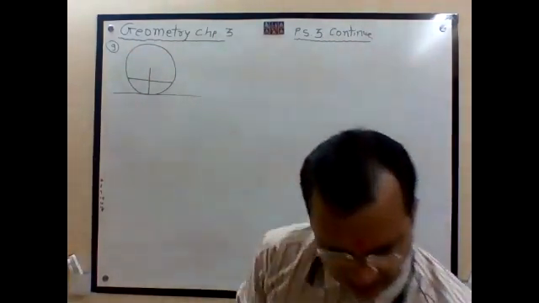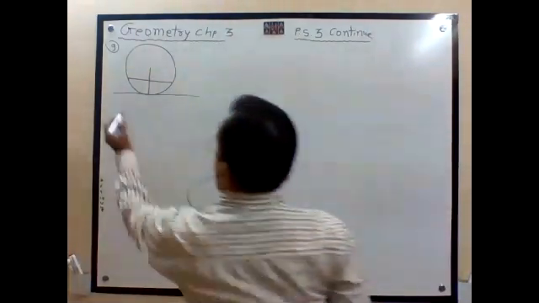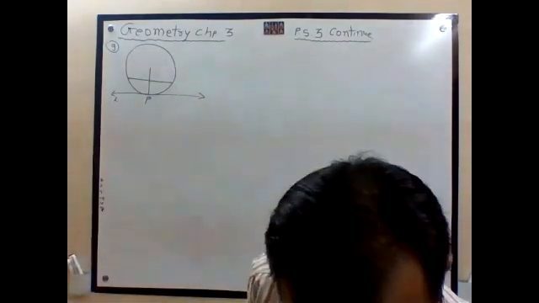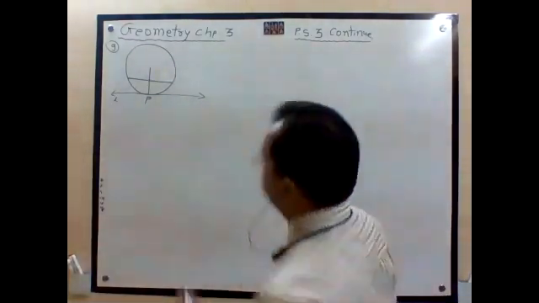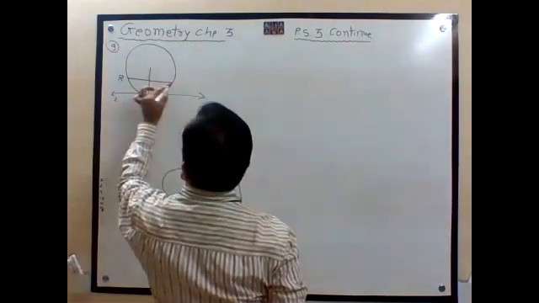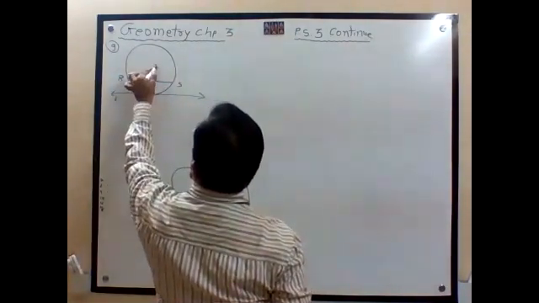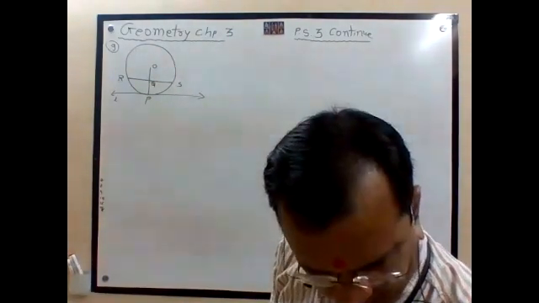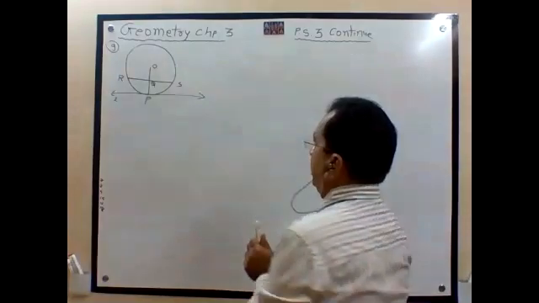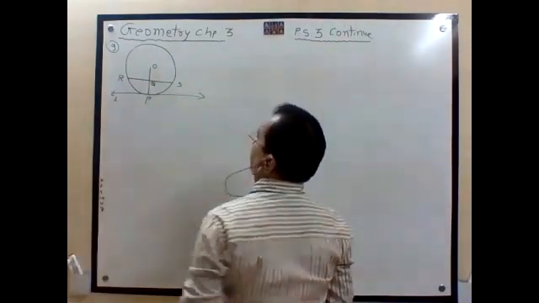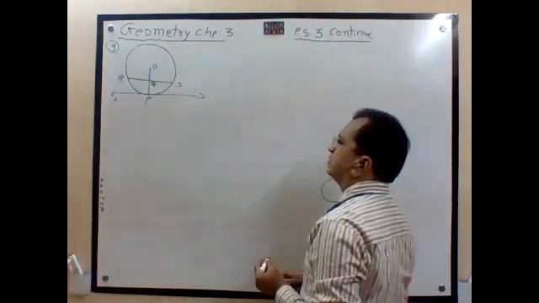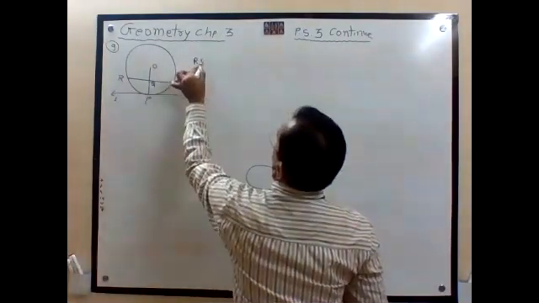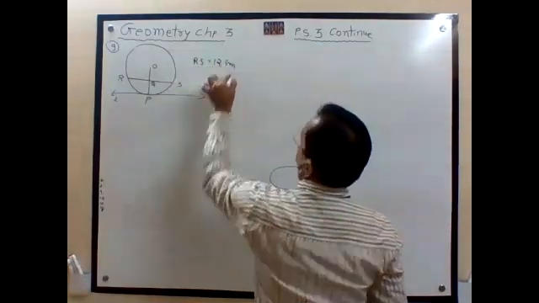Okay. Now line L. This is P, RSQ. This is O. RS is equal to 12 centimeters.